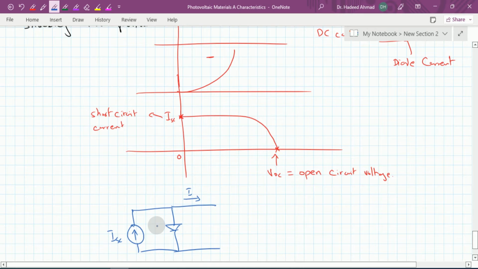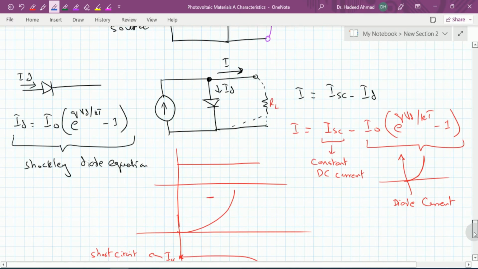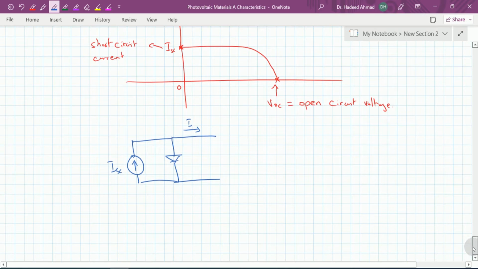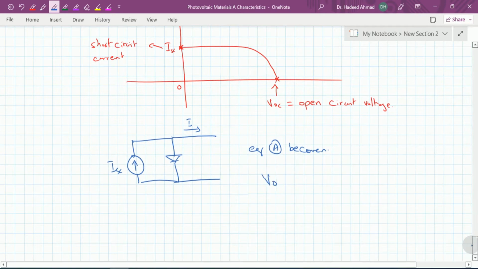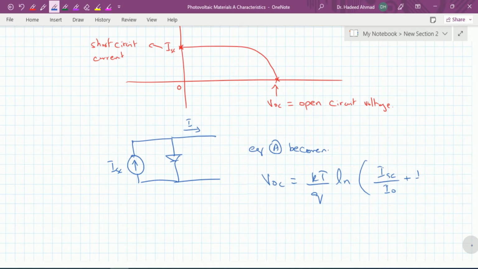and I make this one open circuit, so this I becomes equal to 0. Now if I becomes equal to 0, then this particular equation, let us say that this is equation number A, becomes VOC equal to kT over q log of ISC over I naught plus 1.